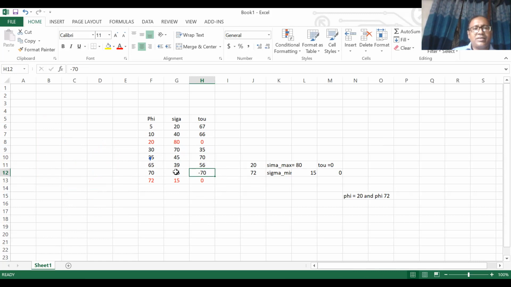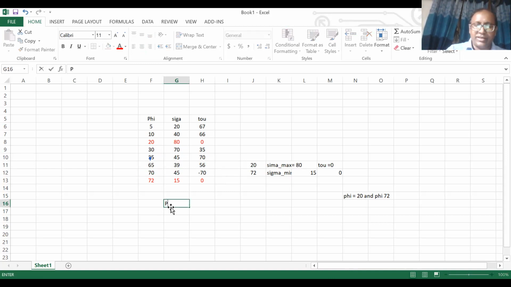And this will also be 45. And you see sigma, you are getting the same. Tau is the same, but one tau positive, other tau negative. And in both cases sigma is the same. So there are two angles. That means it's 70-degree and this 35-degree is called phi s.